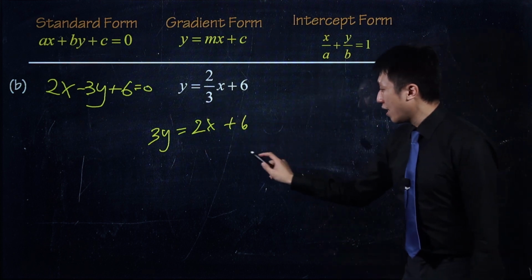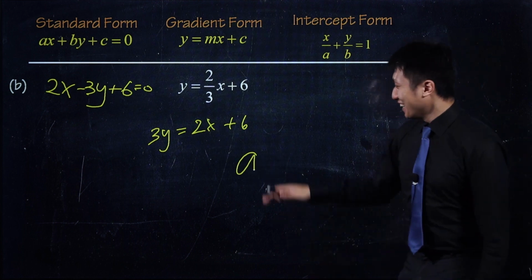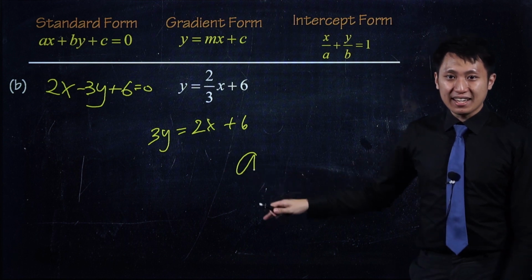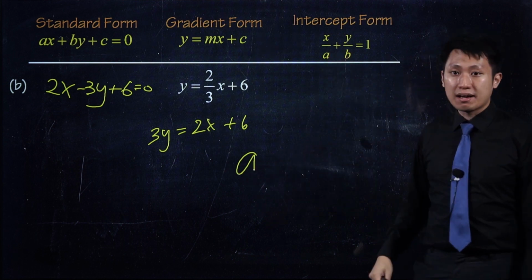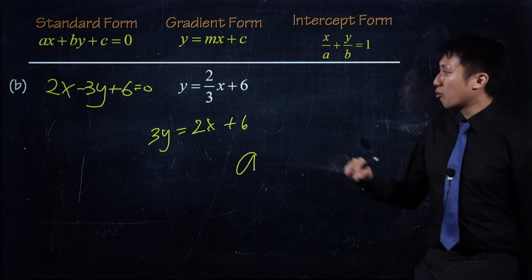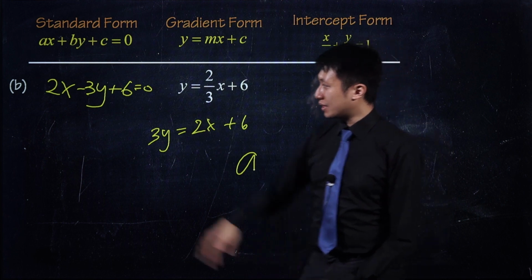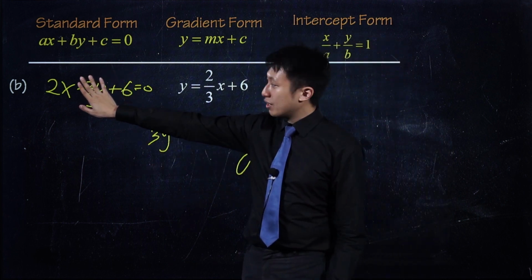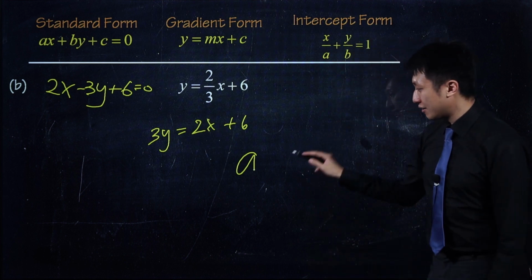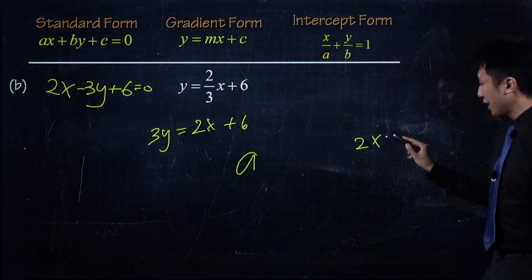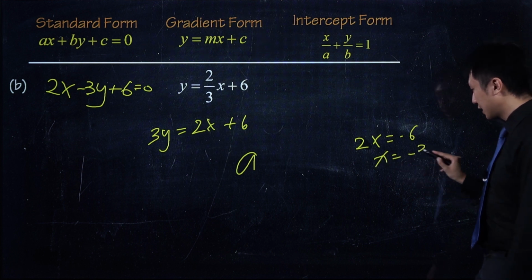Okay, I'll call A the x-intercept, because I'm lazy like you. So the x-intercept is A, and B is the y-intercept. The x-intercept is found by letting y equal 0. If y equals 0, this term is 0, which means 2x is equal to negative 6, so x is equal to negative 3.